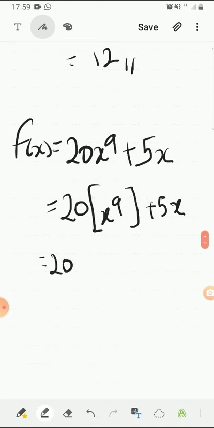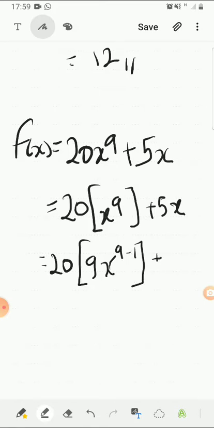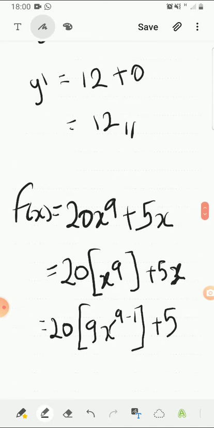Now x raised to the power of 9, the power will come to the front of x, that is 9 will come to the front of x, and the same power will minus 1. And like I said in the previous example, any value that has x as its variable, when you do the derivative, is that value, because x will turn to 1.